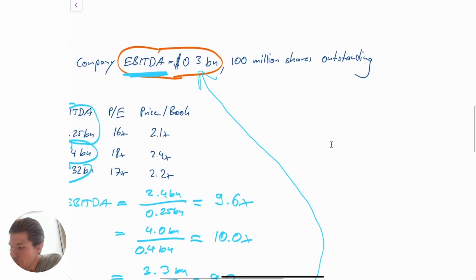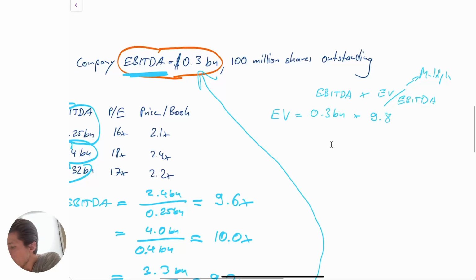So we have EV equals 0.3 billion, which is EBITDA, times the EV over EBITDA multiple, 9.8. So what we then have is basically 2.94 billion.